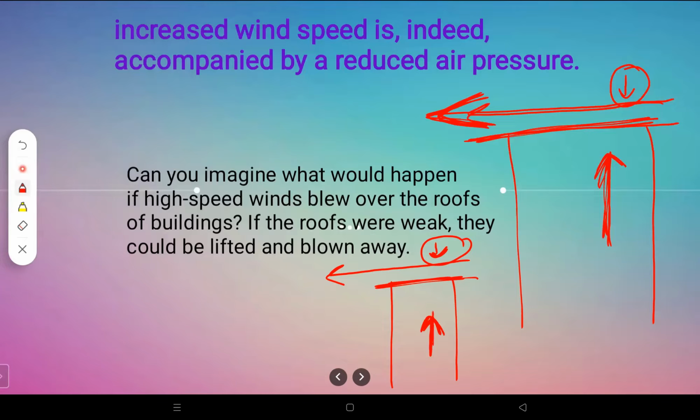So this higher pressure will push this roof away and lift it.